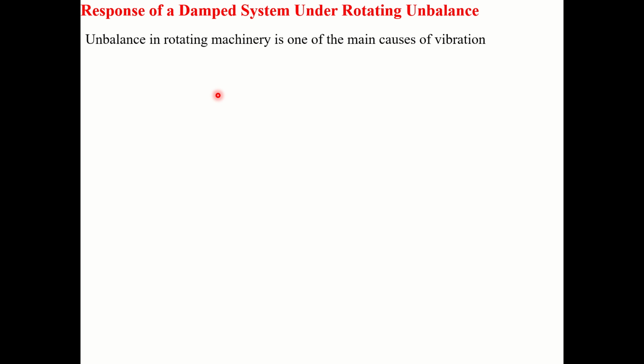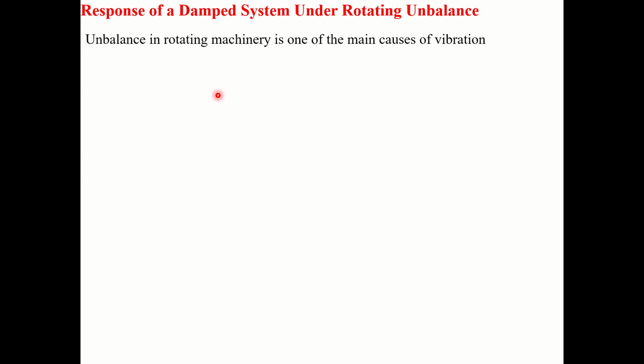We can see this in machineries where there is wear and tear, or some defects in the manufacturing process, where an offset has taken place, or due to wear the mass of the system changes. At that time vibration arises. Such vibration is called rotating unbalance vibration, and it is undesirable.